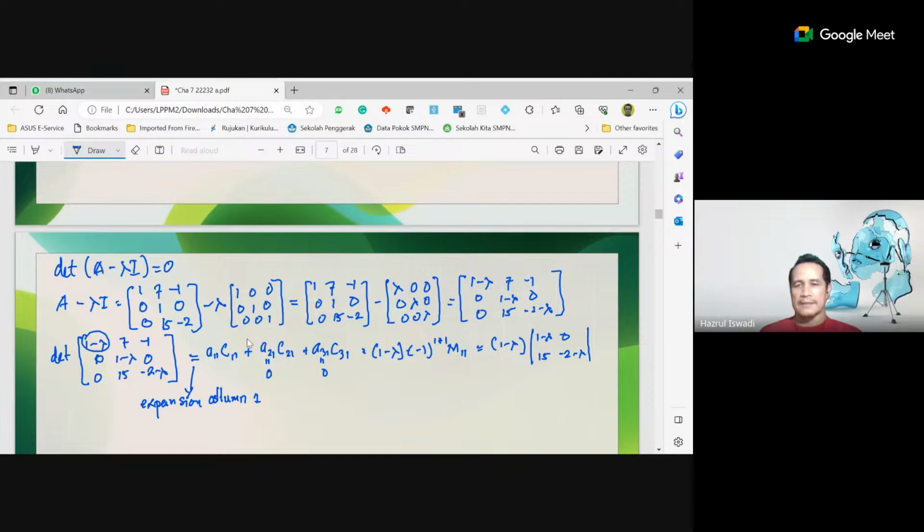Now we determine the 2 by 2 determinant: the main diagonal minus the other diagonal.